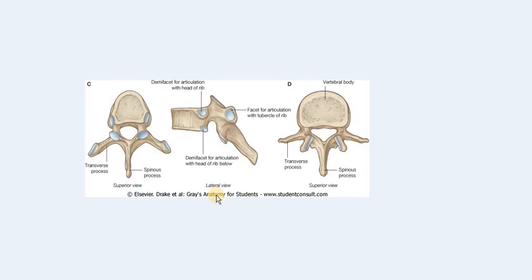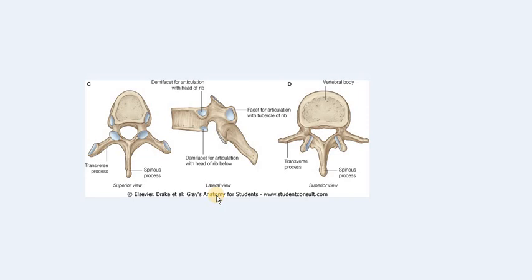That's why the 11th and 12th thoracic vertebrae are devoid of the articular facet for the rib. Okay, the 12th thoracic vertebrae has a distinguishing feature in the shape of its body. The shape of the body is more similar to the body of the lumbar vertebrae.